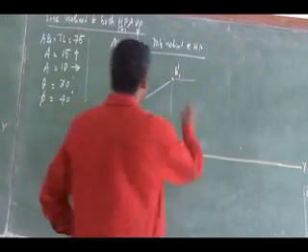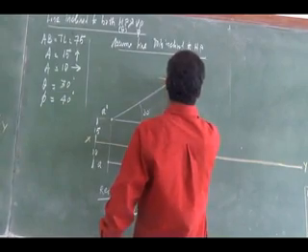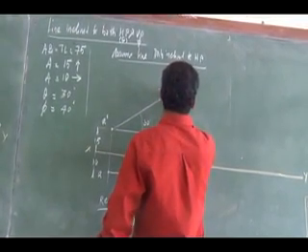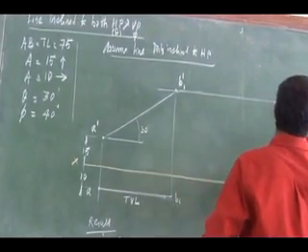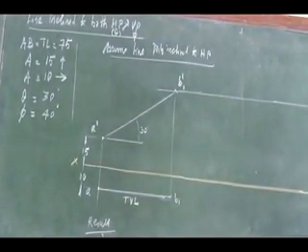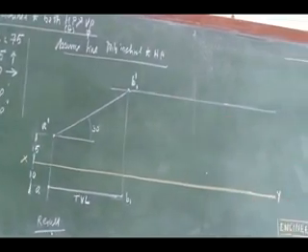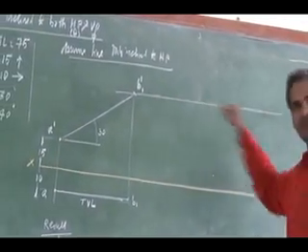I can say this is the locus of end B. Locus in the sense, the locus of a point is nothing but a straight line.